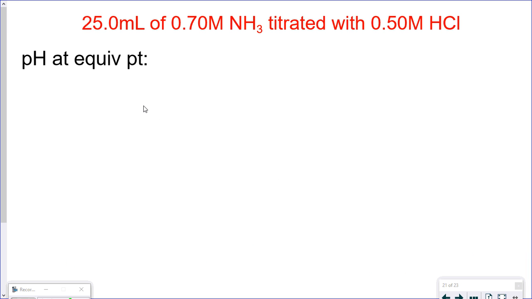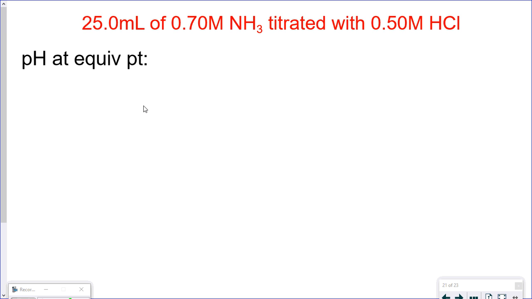This is the more difficult one, similar to when we started with a weak acid, because it does require two ice tables. One to figure out how much of the conjugate is produced once all of the acid and base are neutralized, and then one to go through hydrolysis to figure out what the pH would be from the reverse reaction.